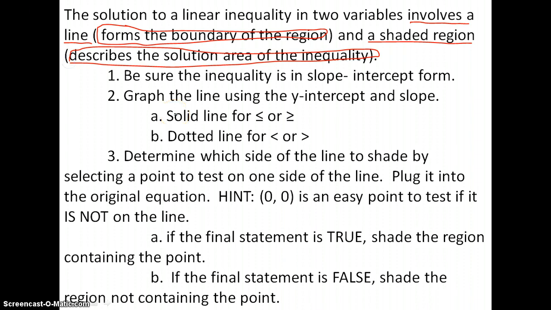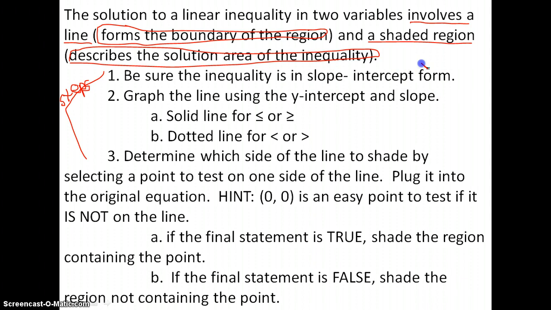Now, there are 3 steps. The first one is be sure the inequality is in slope-intercept form.